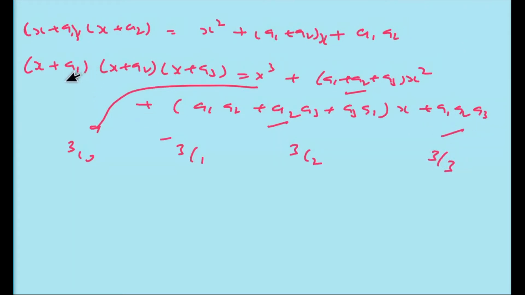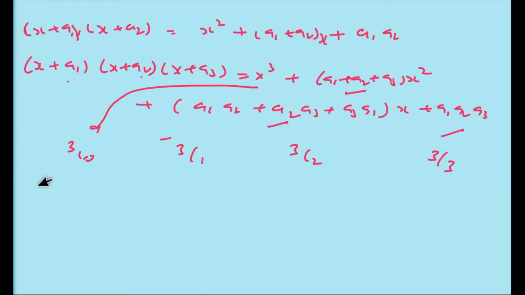If there are 3 roots a1, a2, a3, we can understand we are choosing from a1, a2, a3 members. We have selected no one, 0, then we have selected 1, and we have selected 2, and we have selected 3. Okay students, are you understanding?